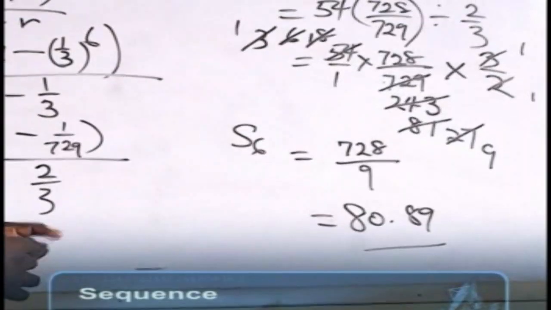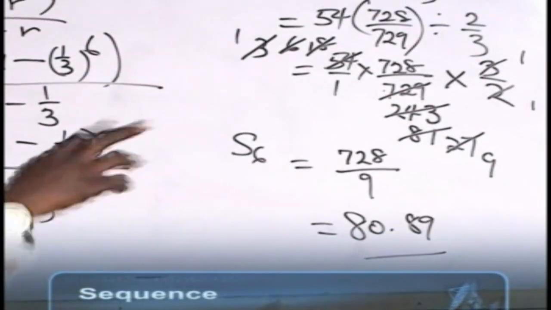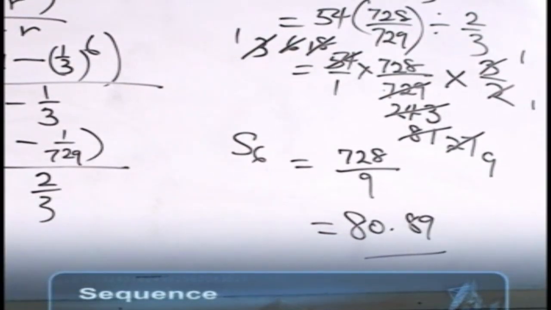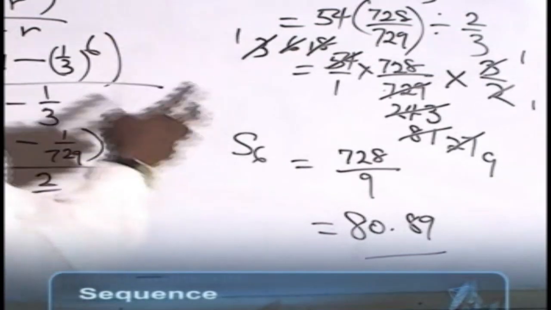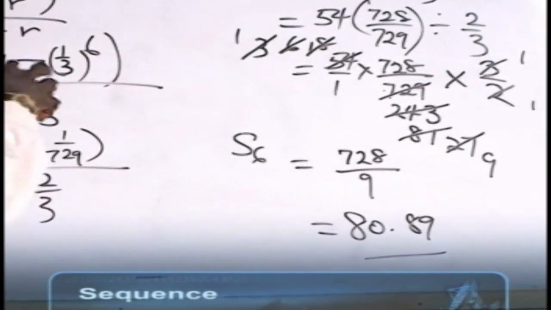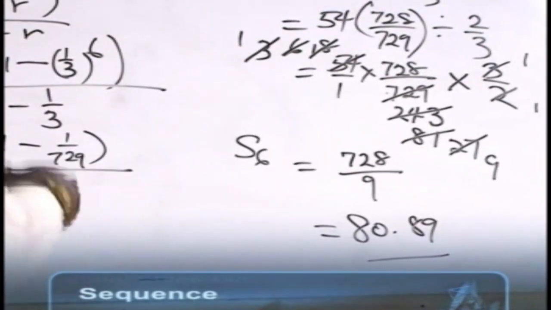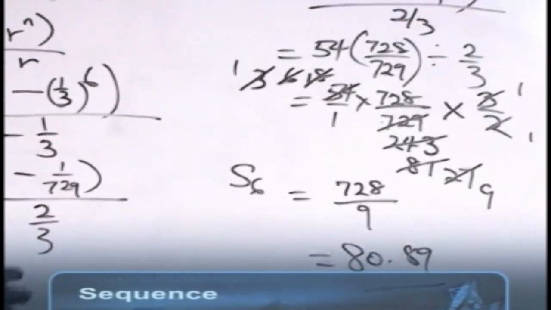So we've looked at 2 cases, in which case you can have 1, the common ratio is greater than 1, and then the other example, the common ratio is less than 1.